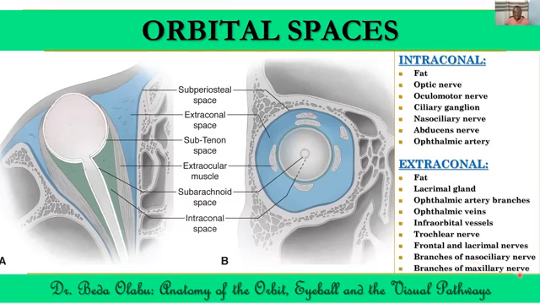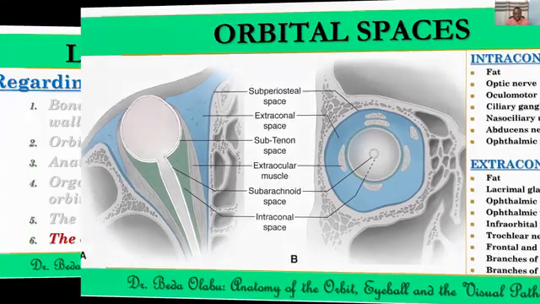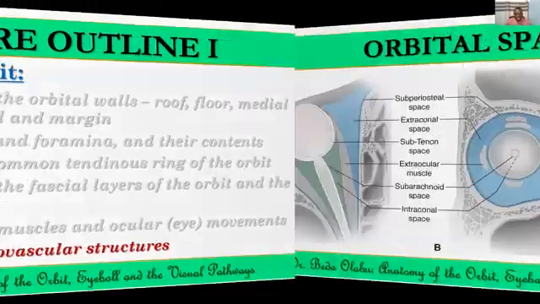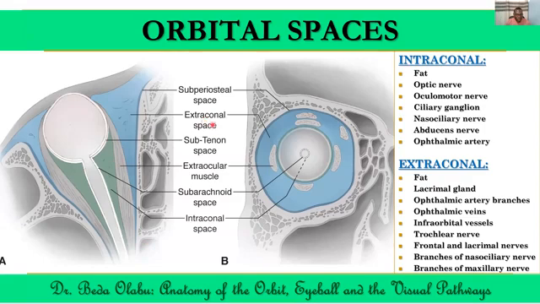And we have branches of the maxillary nerve, which are in the orbit, the infraorbital nerve and the zygomatic nerve, which are found within the infraorbital fissure. So they're also extraconal. The other space to talk about is the subtenon space.